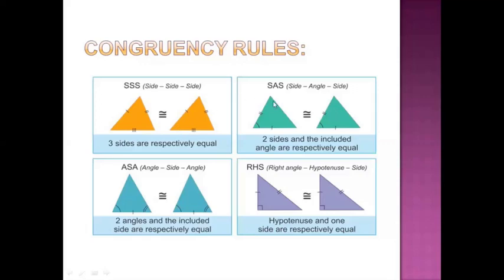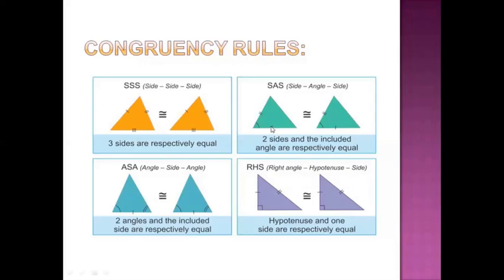Similarly, another rule is SAS, which means side, angle, side. For example, we have two triangles whose two sides are given and one angle is given.